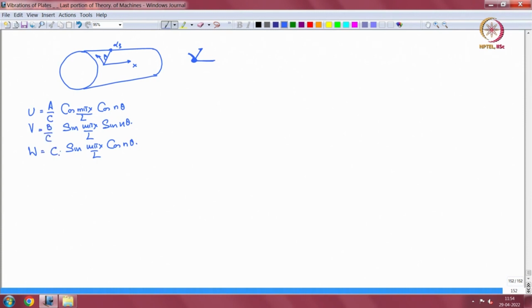In the mnth mode, all these will have mn subscript. So now this together is the mode shape.